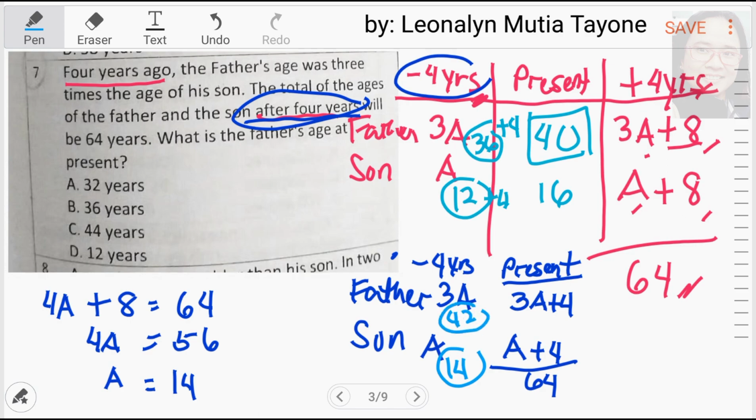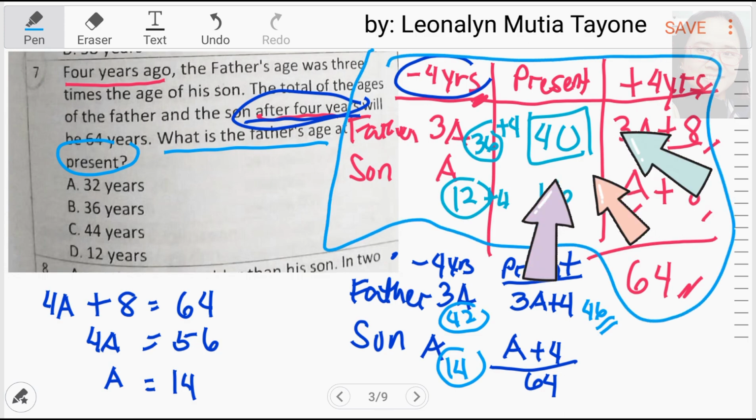4 years ago. At present, so plus 4. 42 plus 4, that is 46. Ang question again is, what is the father's age at present? Kung ganito man lang, 46 years, wala din sa choices. Pero base dito sa problem na ito yung tamang solusyon diyan.